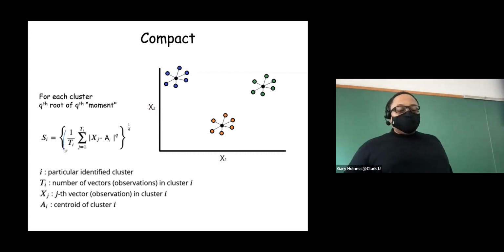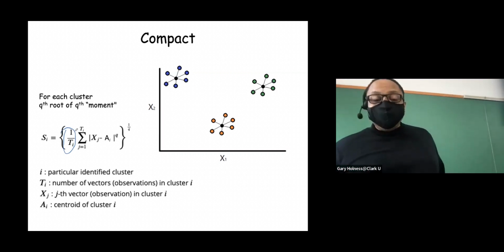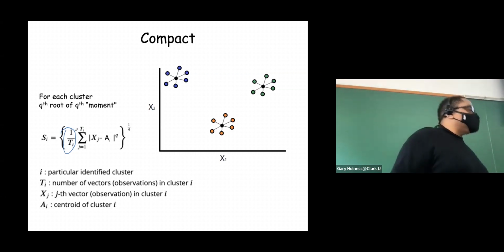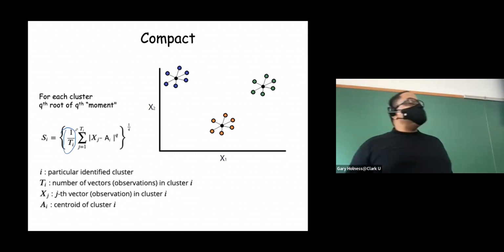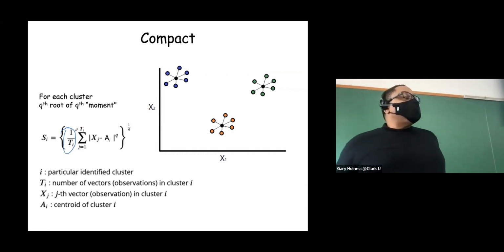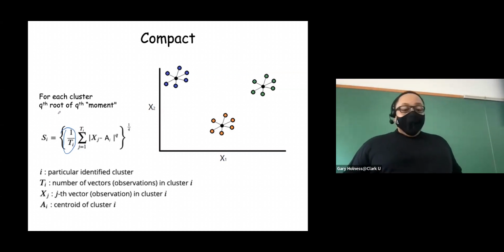So if we say 1 upon T sub i, that's kind of a uniform probability that treats each point within a grouping as having equal probability. And so just like we talked about with moments, the force times the distance from the center, we're going to compute the qth moment for all of the points within the cluster. And so A sub i, that's the cluster center.